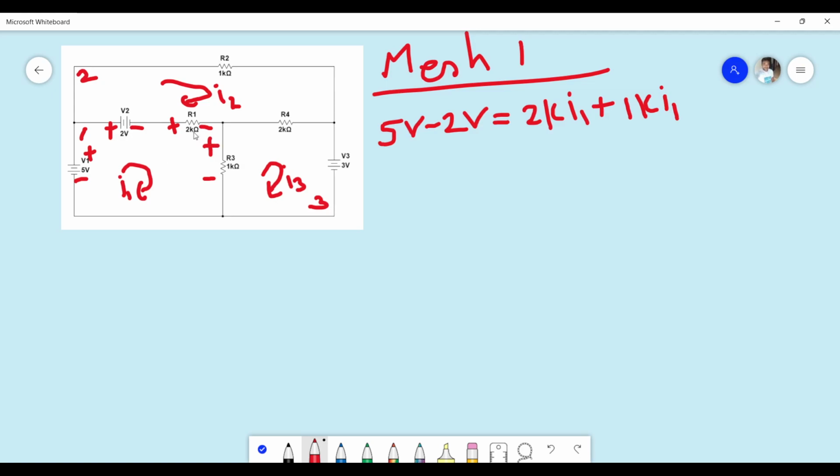Now the component that is shared with mesh 2. We can write the corresponding sharing value. What is the direction of the current I2 that is flowing through R? The current direction is from negative to positive; the current is leaving the positive terminal.